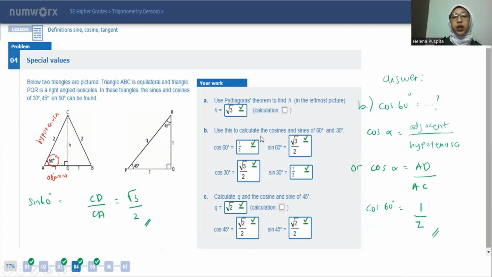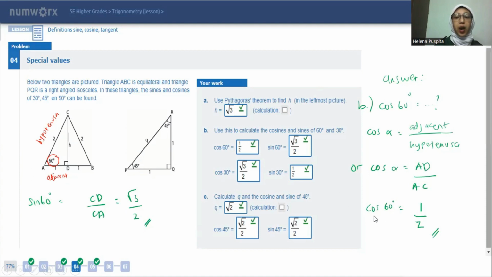Use this to calculate the cosine and sine of 60 degrees and 30 degrees. Cos 60 degrees: the formula cos alpha equals adjacent over hypotenuse, or AD over AC.